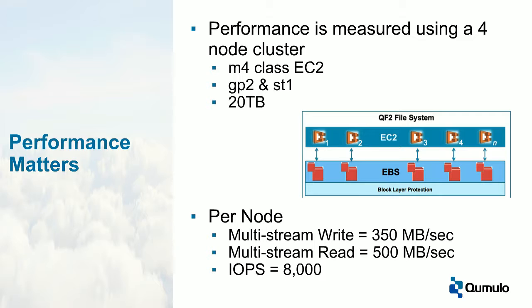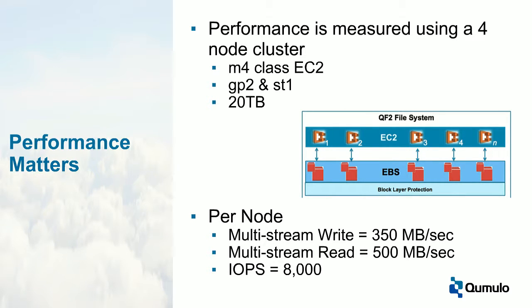FuseFX and others. So in this case, this is a pretty standard performance model that you would see on a per node basis. Obviously, Qumulo being a scale-out architecture, every time you were to add a fifth or a sixth or however many nodes you needed, you would be able to add that much more performance for your cluster. So you can get very high performant access. In fact, these are pretty sustained numbers.